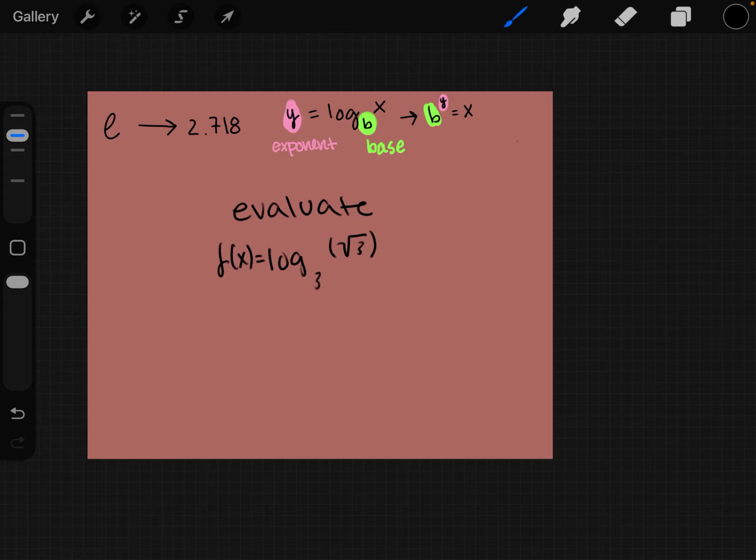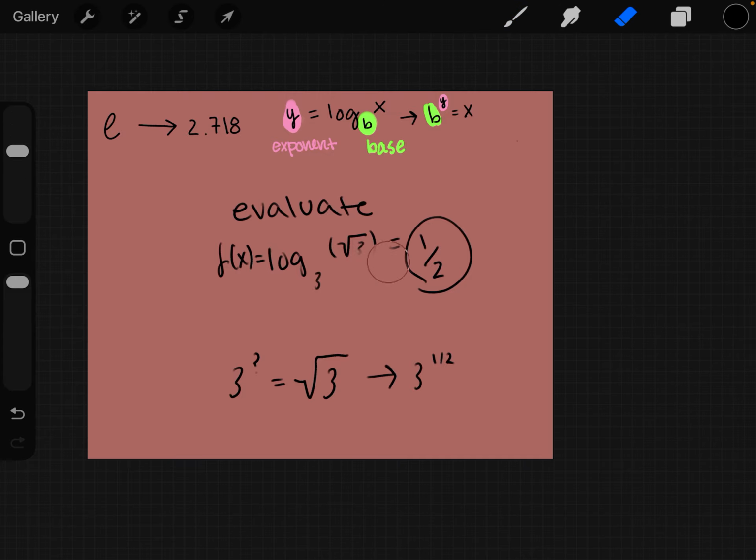Alright, our base right here. 3 to mystery exponent is equal to square root 3. Well, we know that square root 3 can also be written as 3 to 1/2. So the answer is 1/2. Let's do another one.